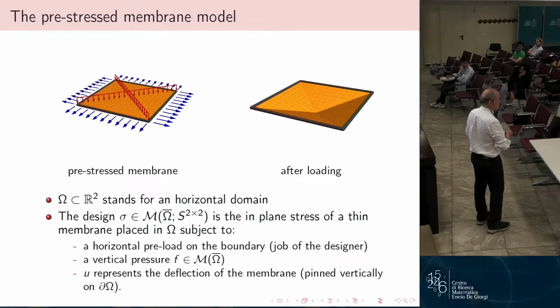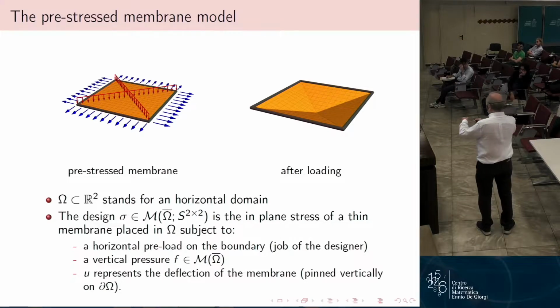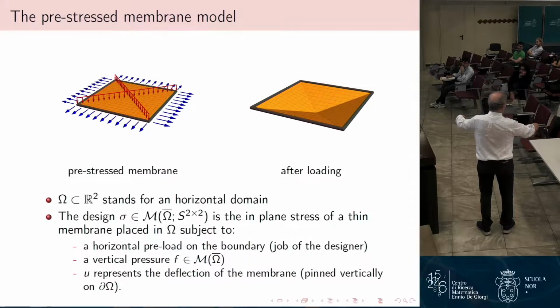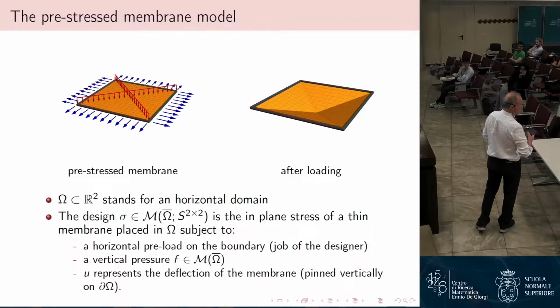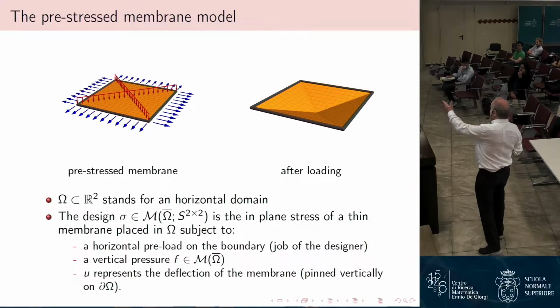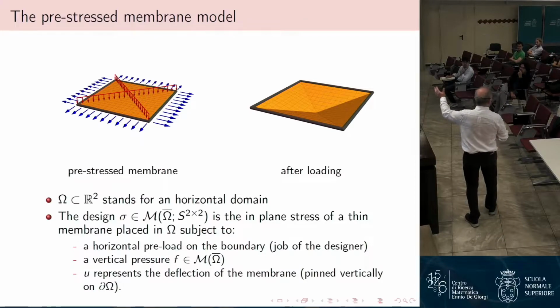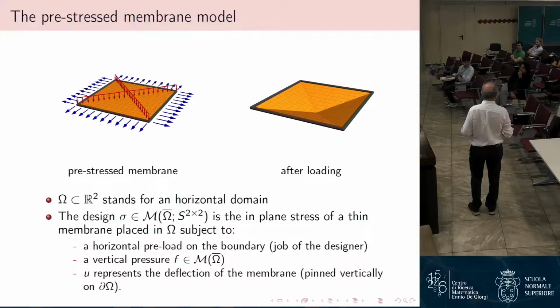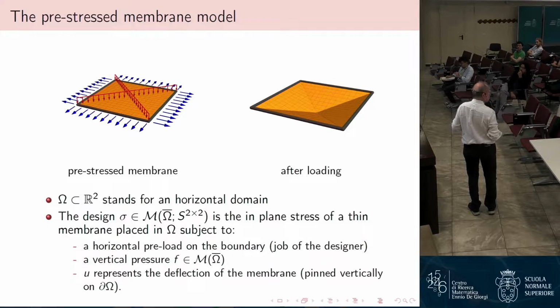So you take a membrane, you stretch it so that it resists a vertical load. So you create a tensor sigma, and it is the job of the designer. It is very easy to make this, except that the divergence of sigma has to be 0 inside.